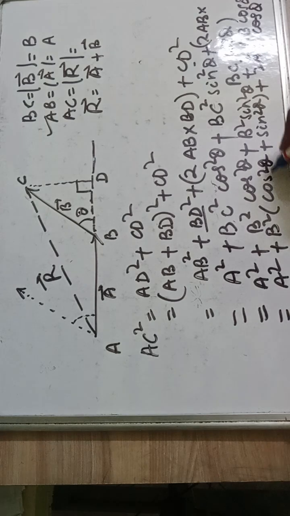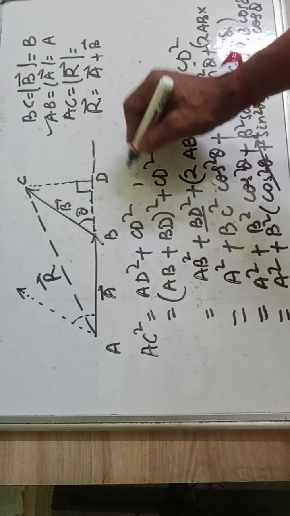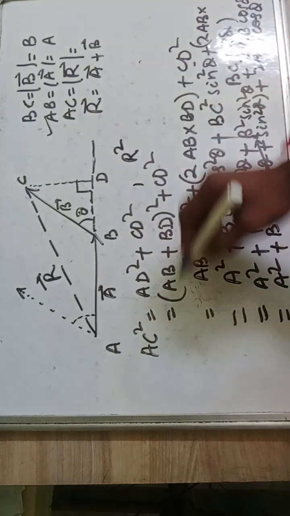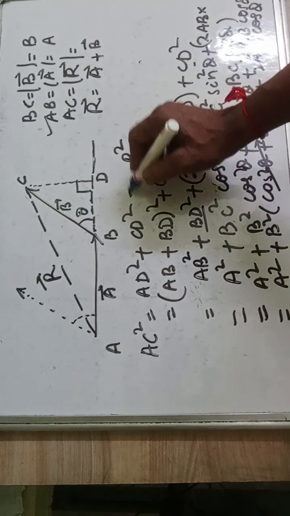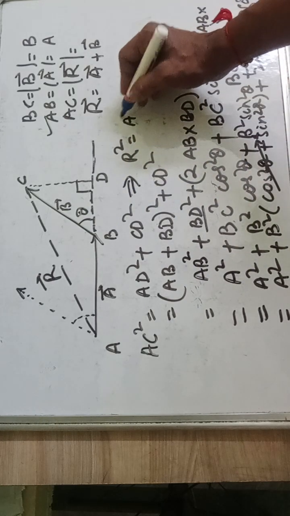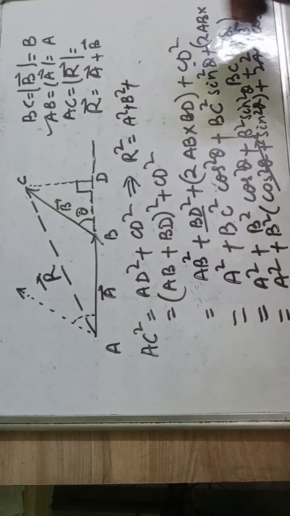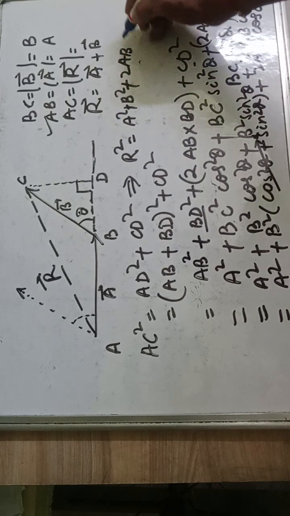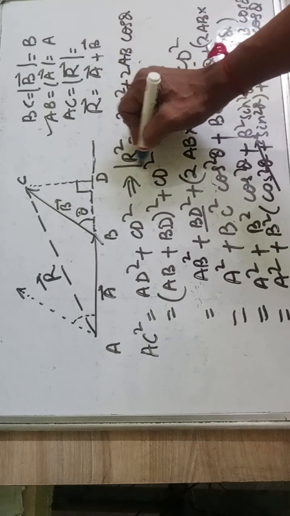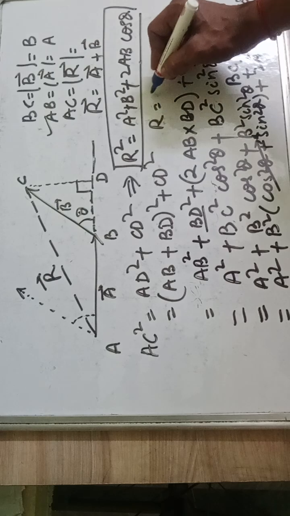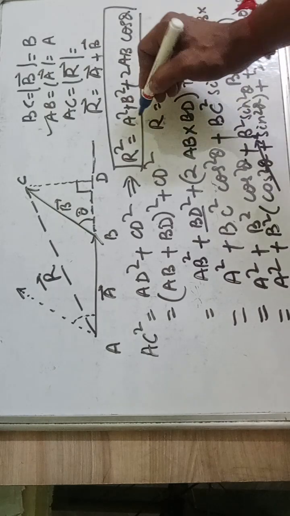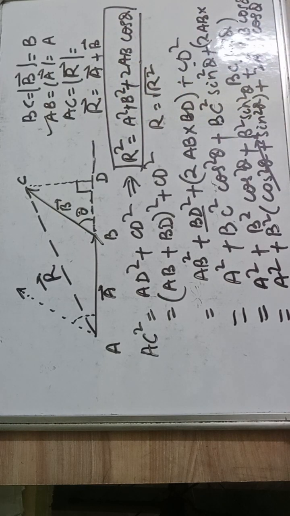We know the value of cos square theta plus sin square theta is 1, hence R square became A square plus B square plus 2AB cos theta. This is the value of R square, or R will be the square root of A square plus B square plus 2AB cos theta.